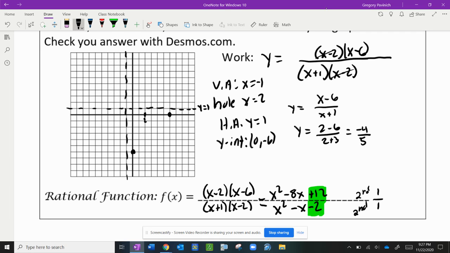And so I now have a hole at 2, and after plugging it in, I get -4 thirds for the y. And it's easy to tell that it's going to look like this.